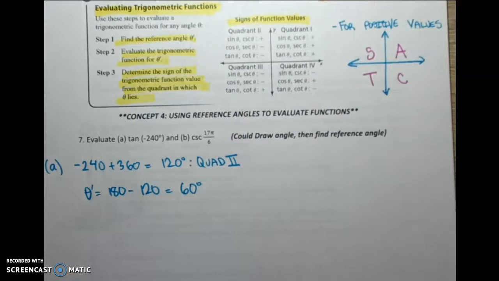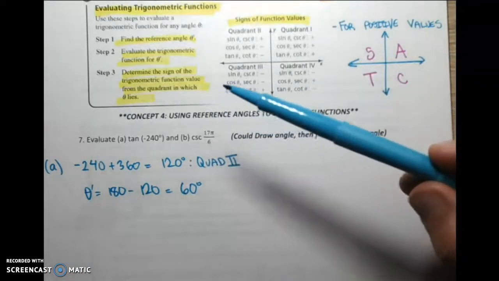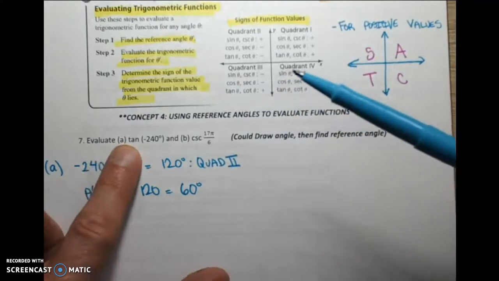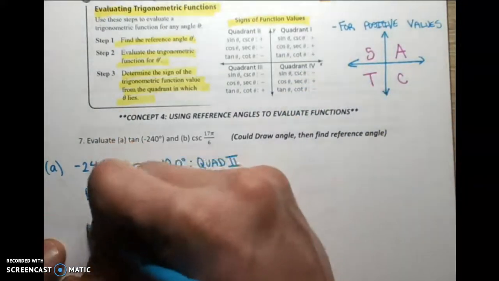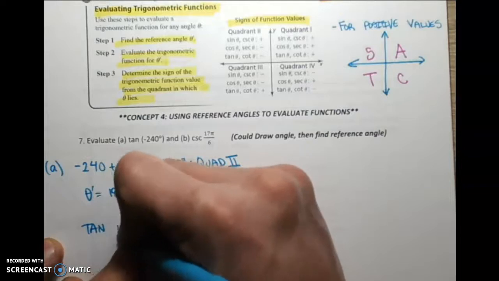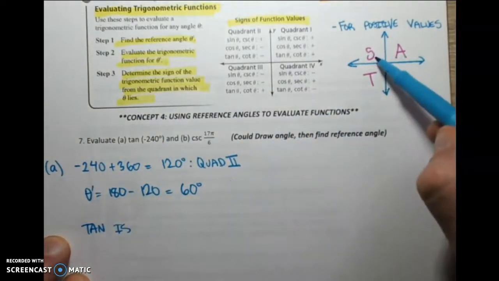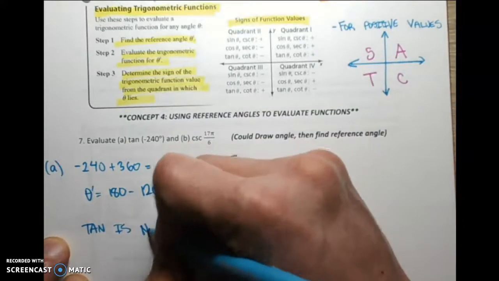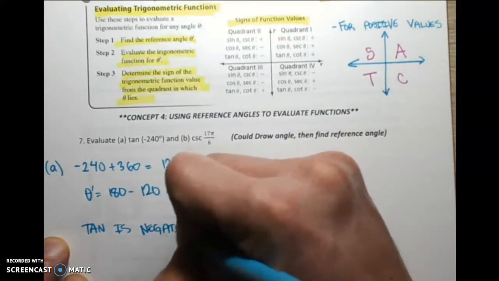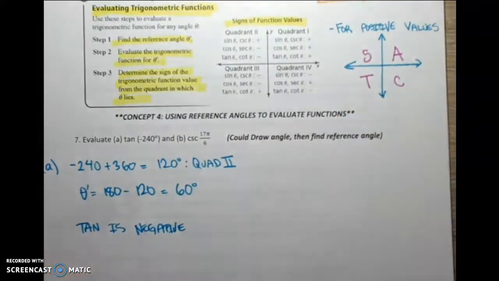Okay, perfect. Next, what I'm going to do is determine the sign, from this tangent right here. So, tangent is what in quadrant 2? Well, if I look at quadrant 2, I see my S, which means those are only positives, so tangent would be negative in quadrant 2.